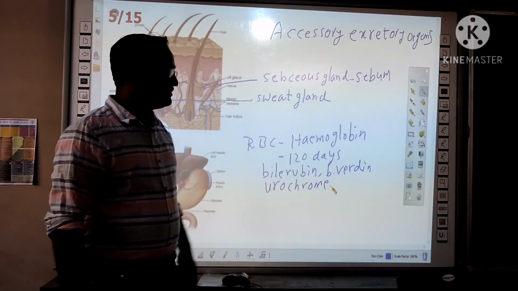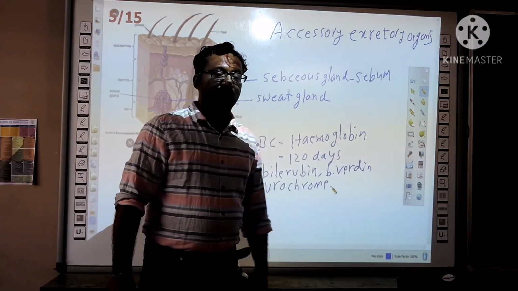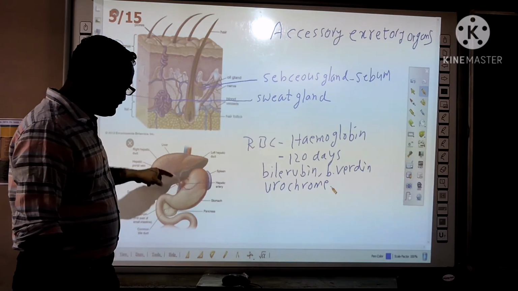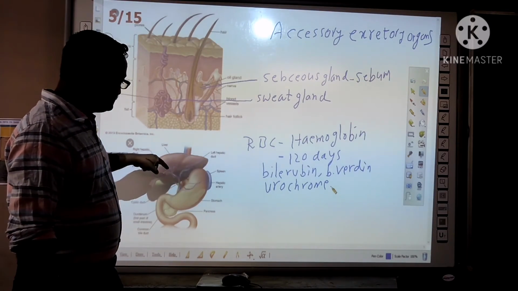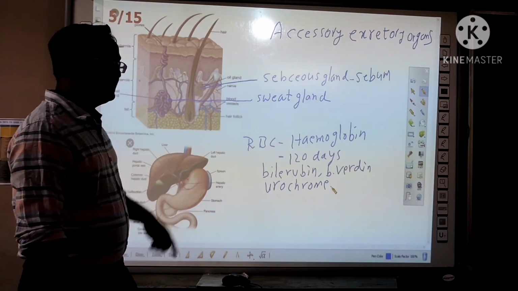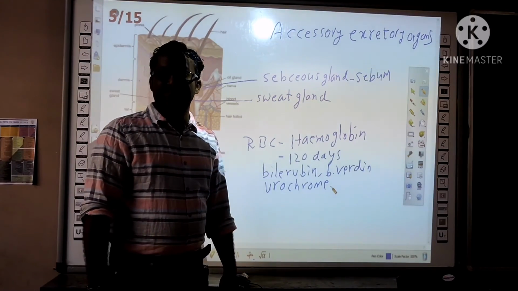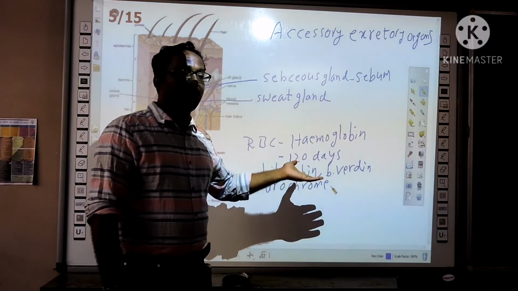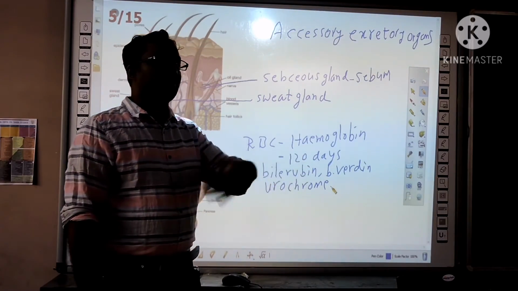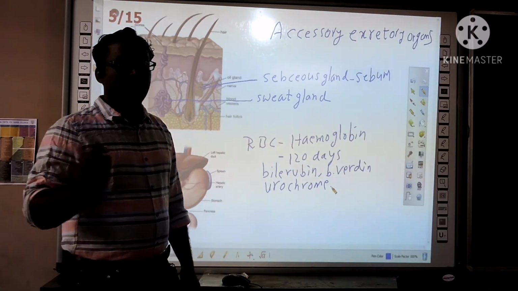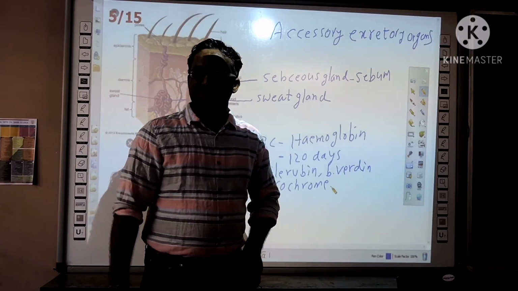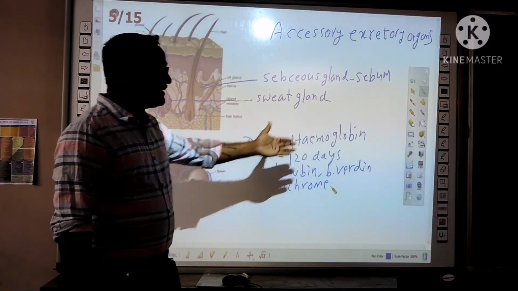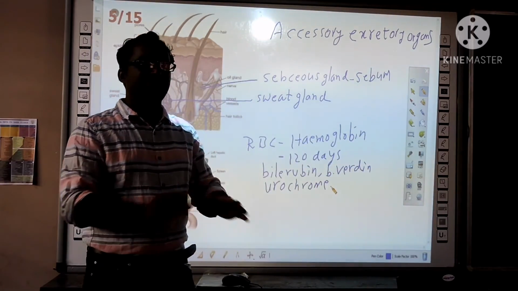What about bilirubin and biliverdin? They enter the duodenum through the bile duct. They are used in the emulsification process, that means digestion of fats. After that, these pigments are also removed through the feces.